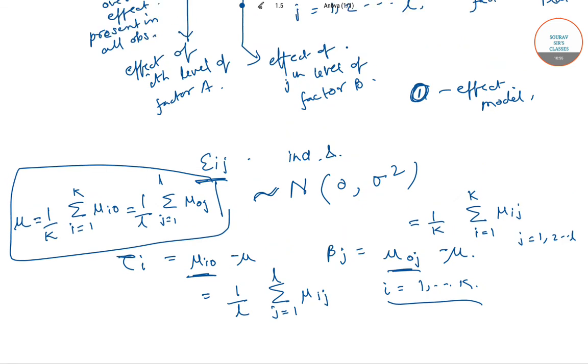So summation i runs from 1 to k tau i is equal to 0, and similarly summation j equals 1 to L beta j is also equal to 0.